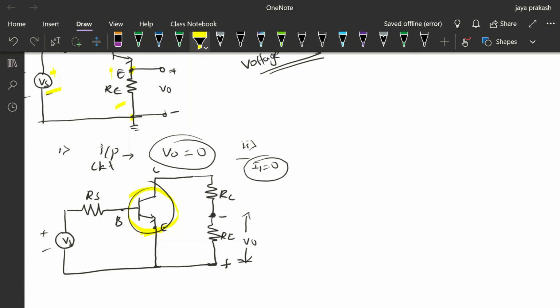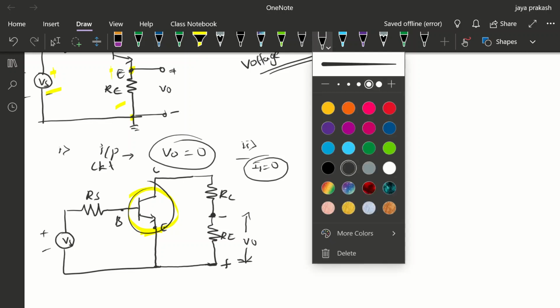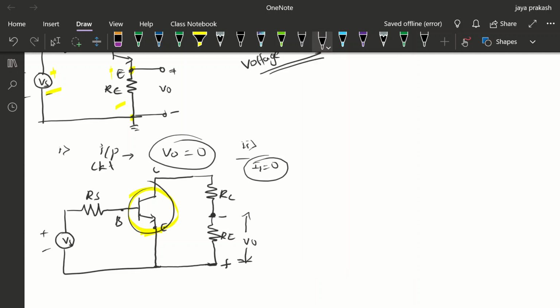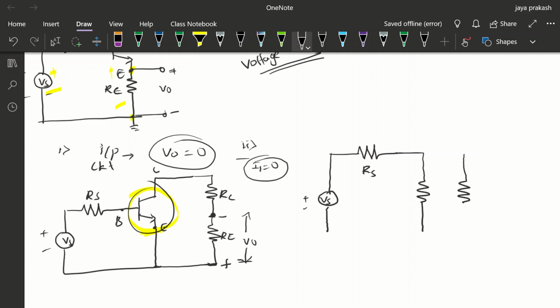So just let me draw the circuit. Let me draw the equivalent circuit, and this is Vs, this is RS. In place of the transistor I am drawing the simplified H parameter model.